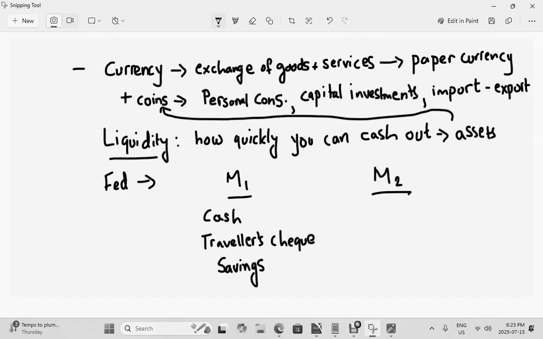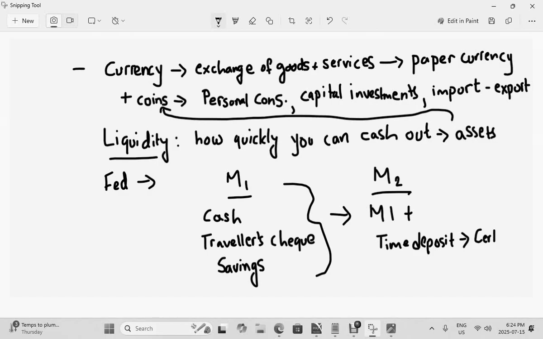Whereas on the other side, the M2 category covers M1 plus, so all three, plus your time deposits. One such example of a time deposit would be your CD, your certificate of deposit.